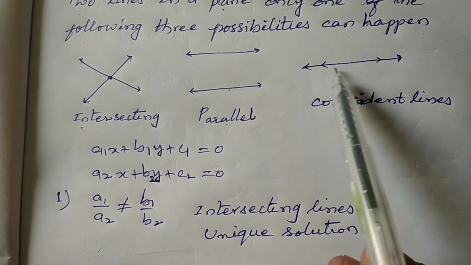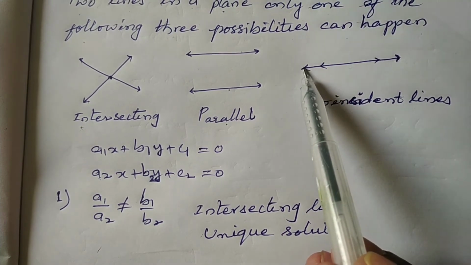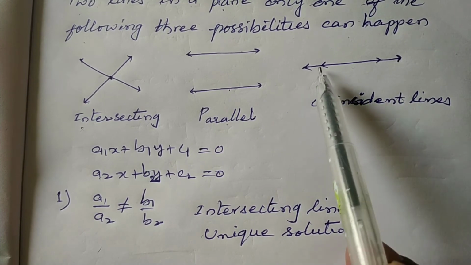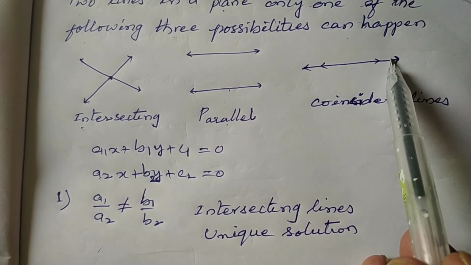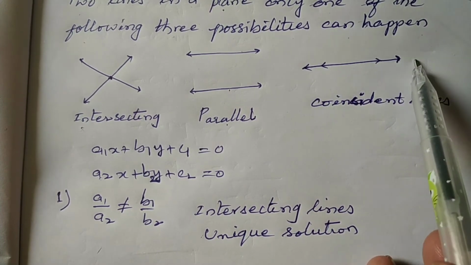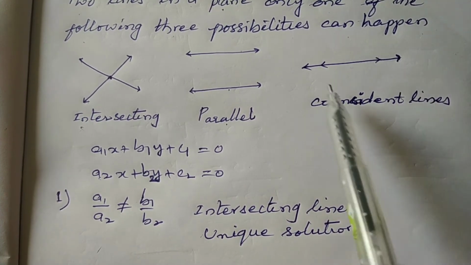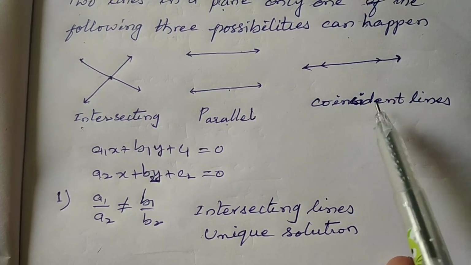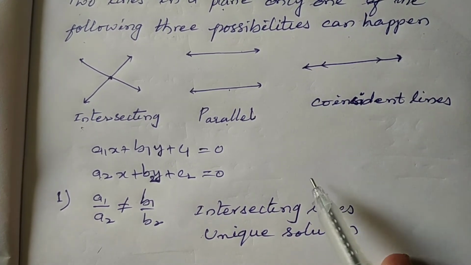And the third one is that here infinitely many solutions are there, many common points. So these lines are also a consistent pair of linear equations.